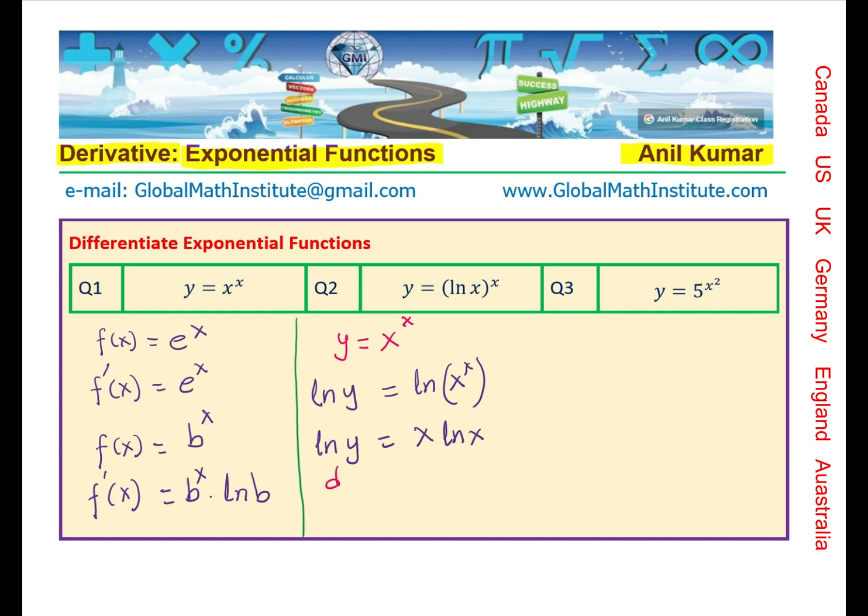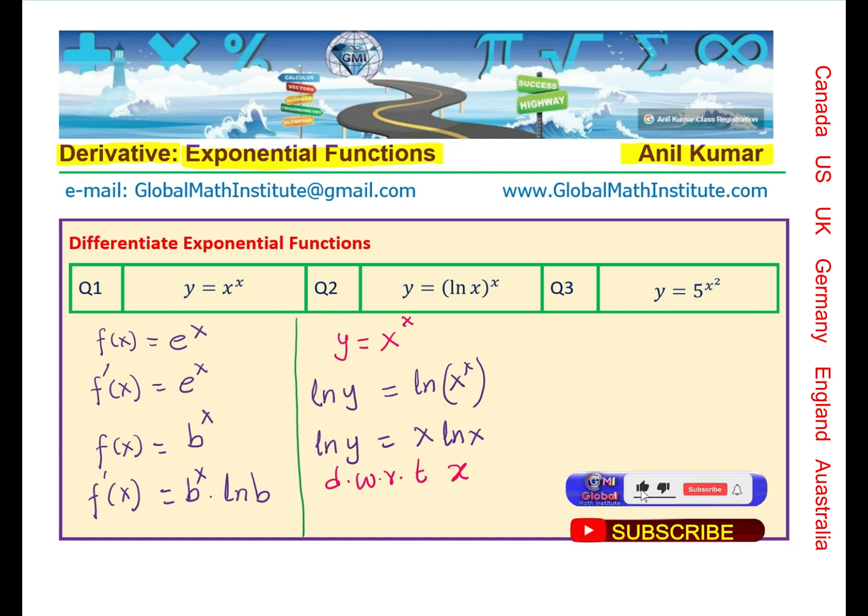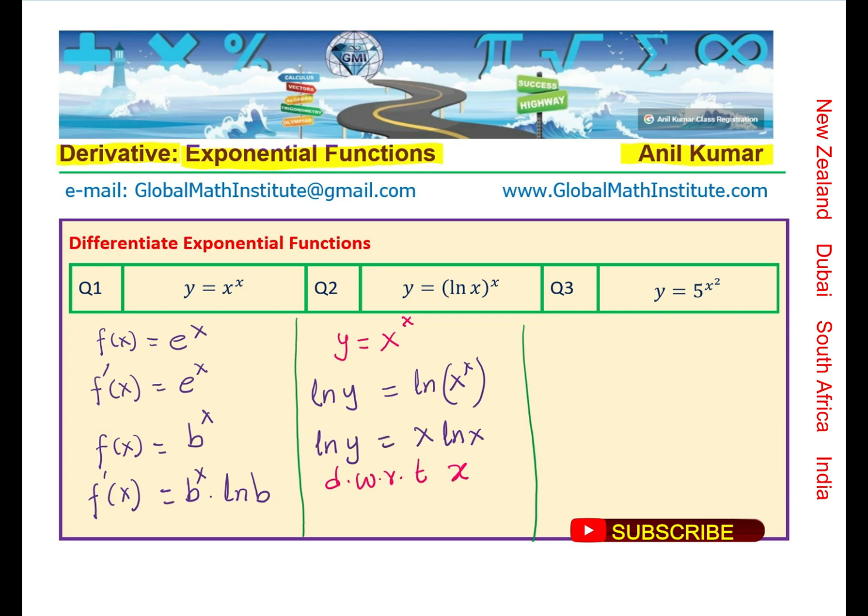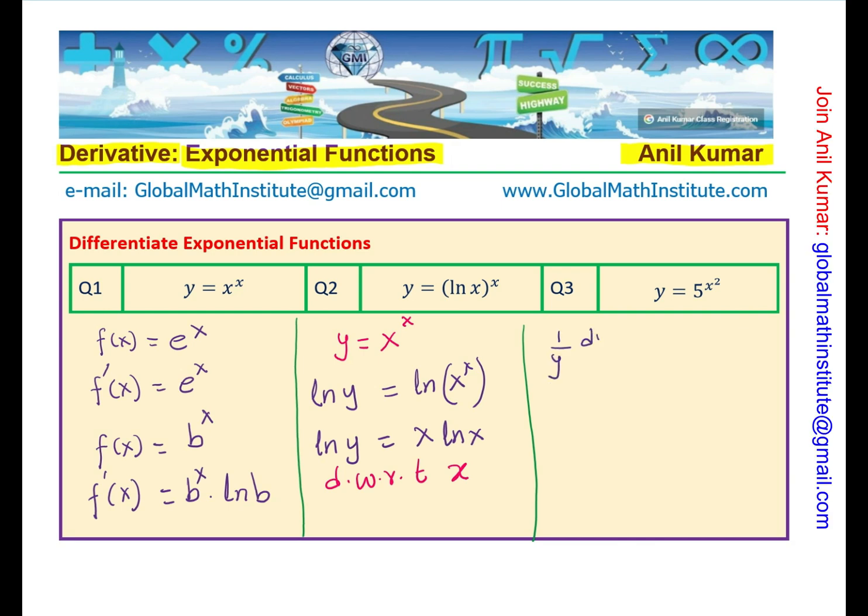Differentiating both sides with respect to x, what do we get? Well, that's what we are going to see now. And that's how such questions will be solved. So ln y derivative is 1 over y, right? So we get the derivative of the left hand side as 1 over y dy dx, since we are differentiating with respect to x, implicit differentiation.